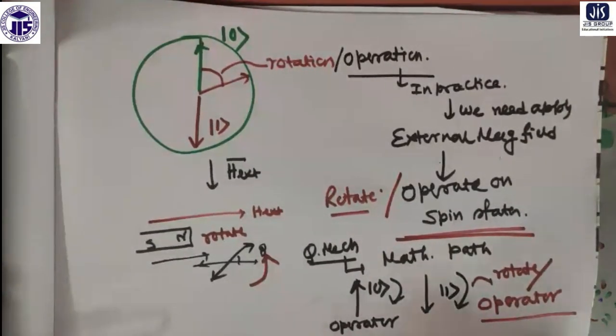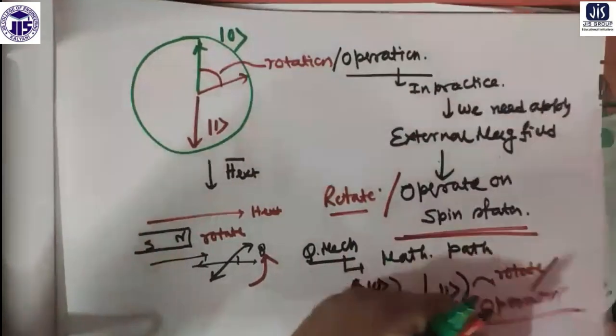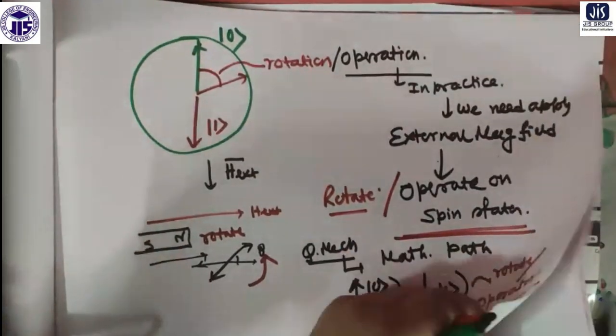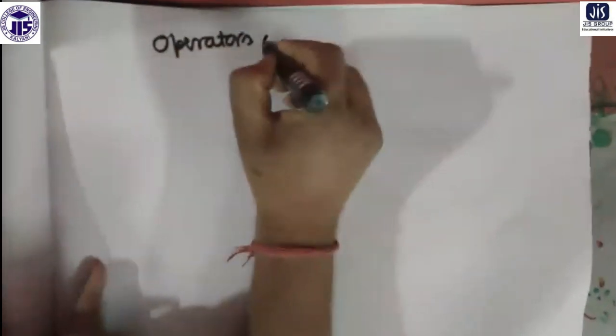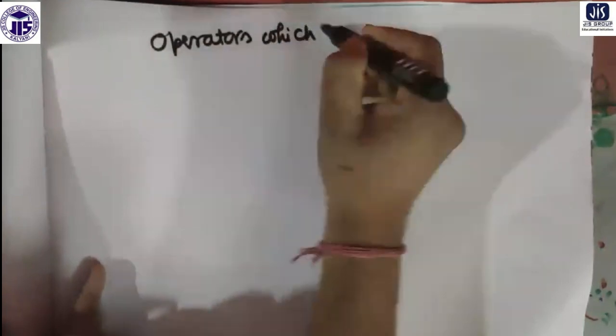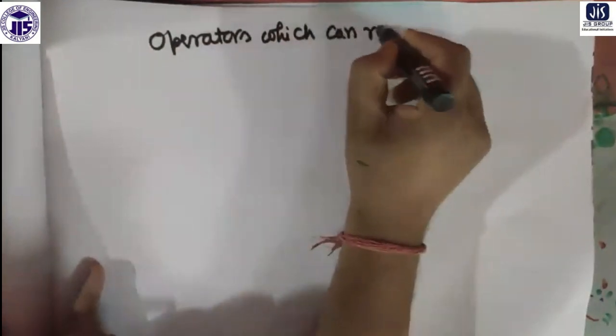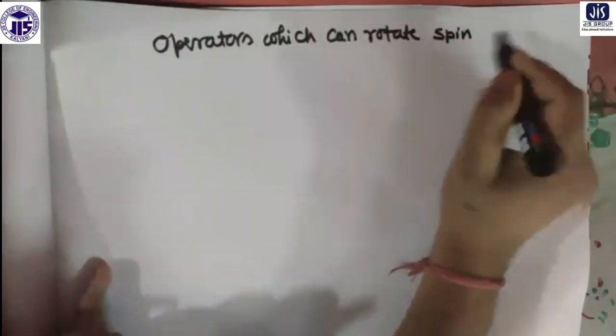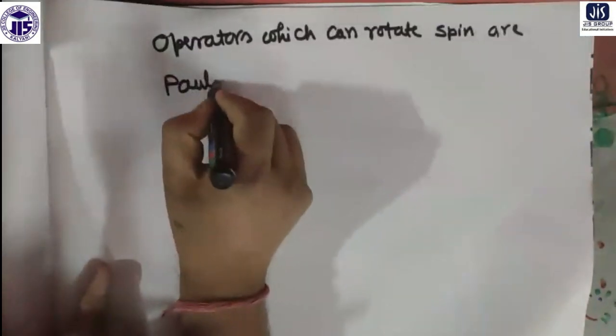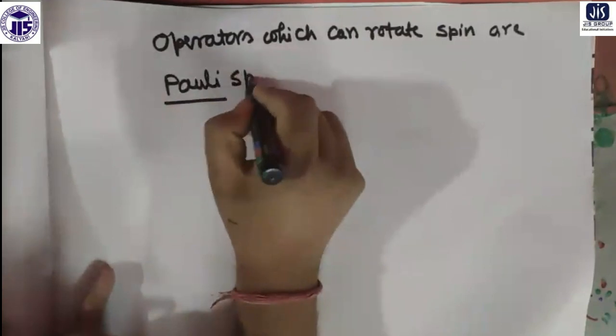Those operators are called Pauli operators. The operators which can rotate spin are the Pauli spin operators.